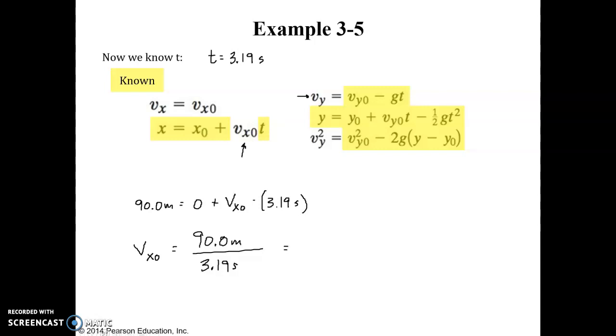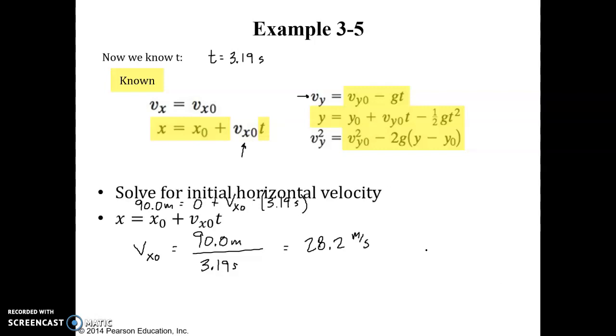Let's put that into the calculator. And I am getting 28.2 meters per second. So that's how fast the motorcycle needs to be going in order to land 90 meters away. And just in case you're curious, that works out to be about 63 miles per hour. So that's how fast the motorcycle needs to go.